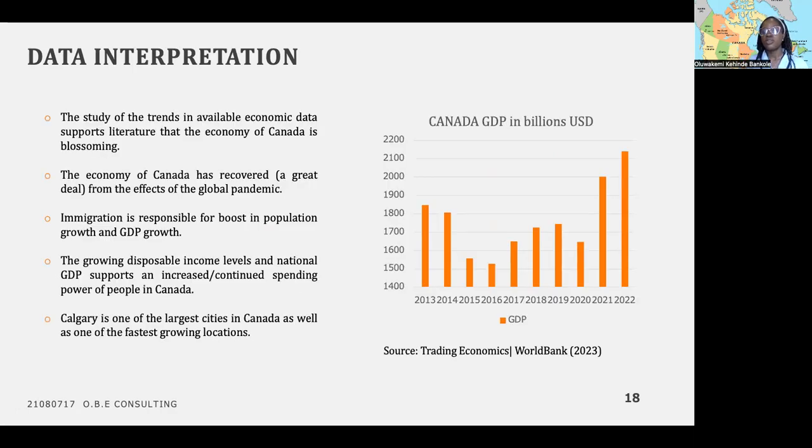From this chart, we gathered that the economy of Canada has fully recovered from the effects of the global pandemic, and this supports the notion that people living in Canada have the financial capacity to patronize businesses of preference.